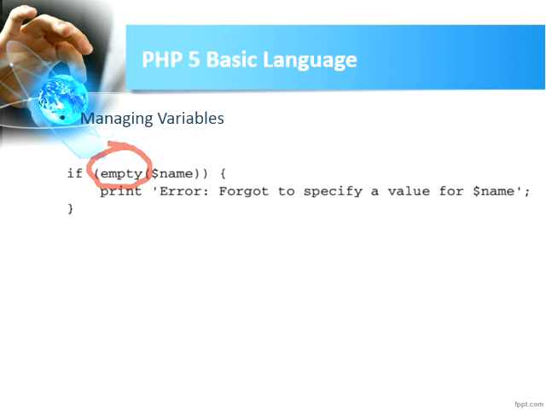If we want to eliminate or destroy a variable in our program, we use unset. Otherwise, it is not necessary to unset all variables. Yes, Ahmed, empty here is not a sign. It's clear.